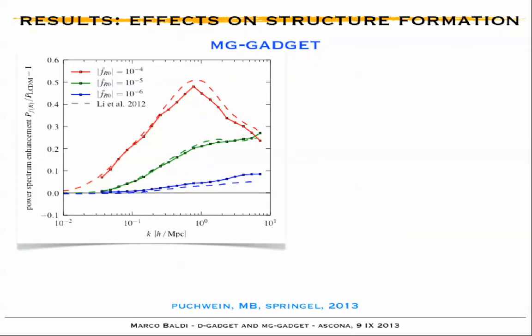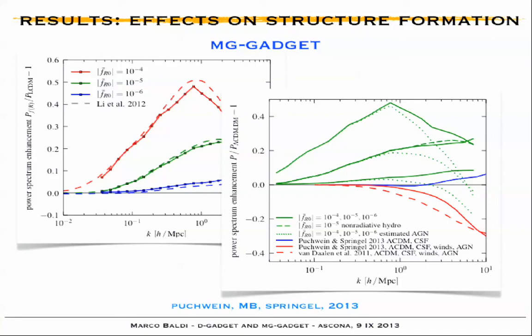So the screening mechanism is more efficient in suppressing the extra growth of perturbations at small scales, while models that are closer to general relativity have a milder evolution. And also you don't see very much the turning point that corresponds to the onset of the screening mechanism at small scales.